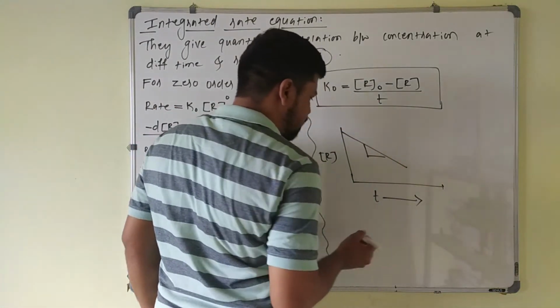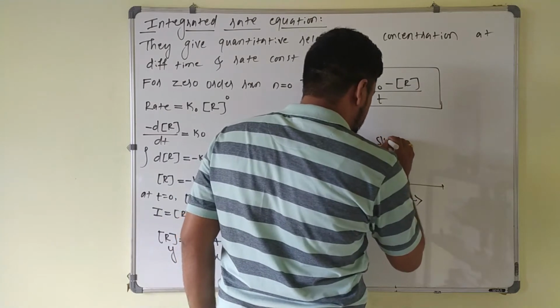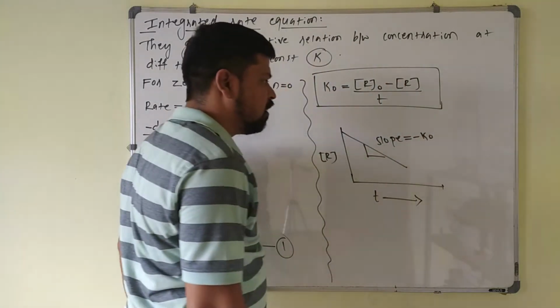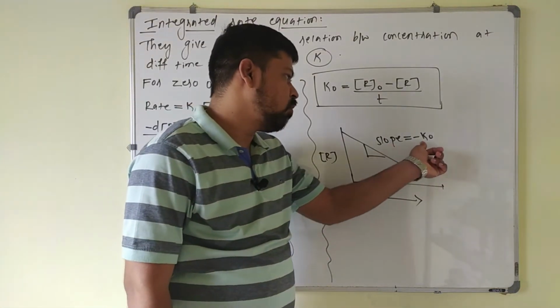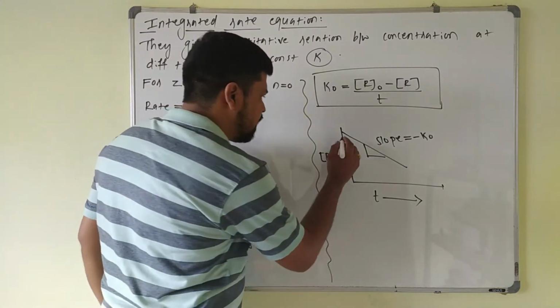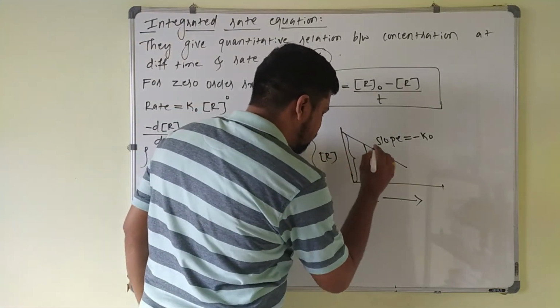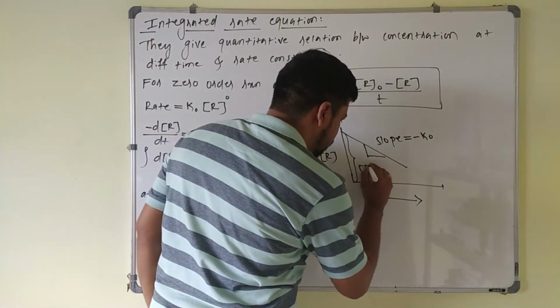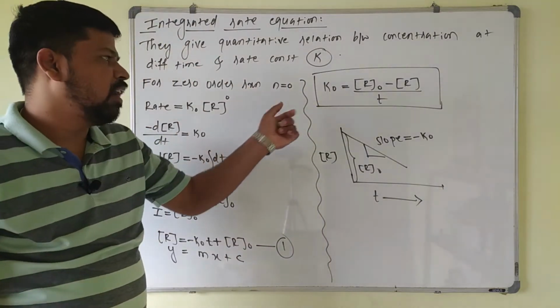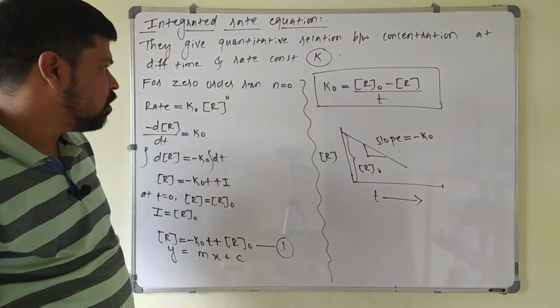The slope of this line gives the rate constant, and the slope is equal to minus K naught here. Now this c is nothing but your intercept. This intercept will give the R naught value.